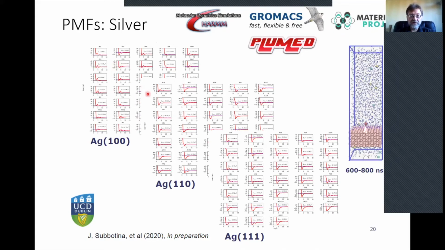What is calculated for different surfaces, what you see here is the potential of mean force for silver. And they indeed contain a lot of information. And most of the complexity is already integrated in. For example, on some of those, you see barriers, you see minima and maxima reflecting the preferred hydration state. So some amino acids would prefer to have a water layer between themselves and the surface, and it is included in the model.